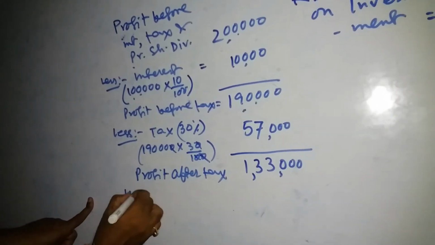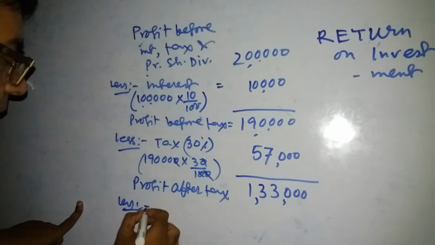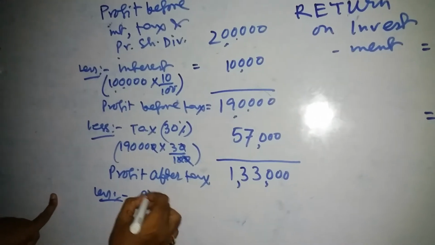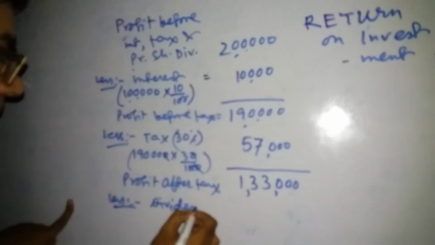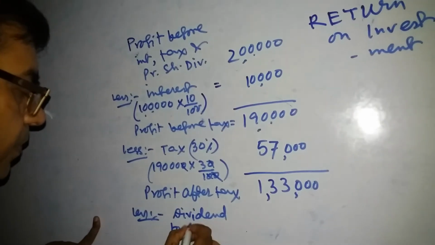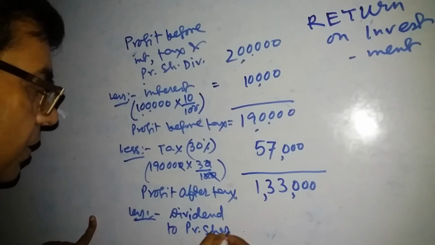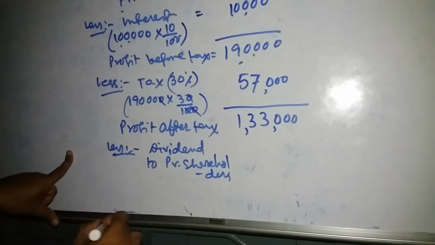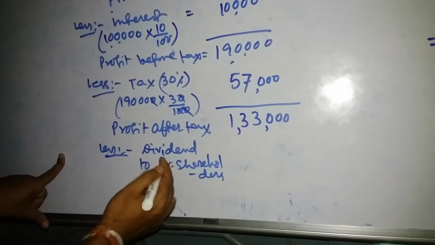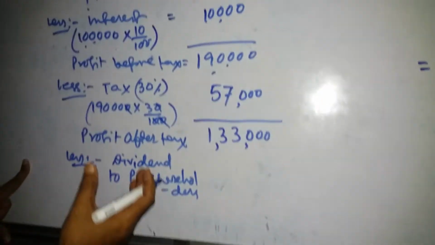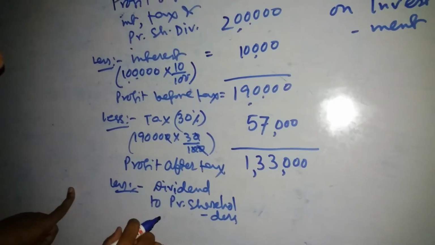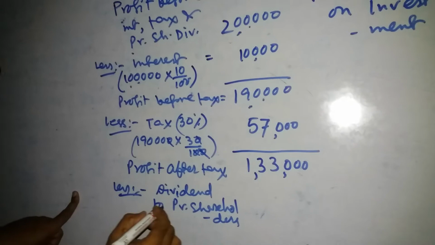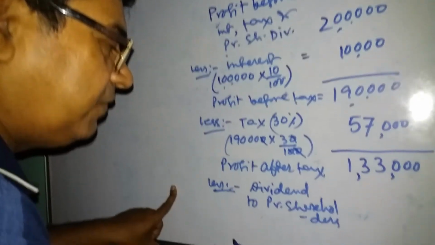After that, the company has to pay the dividend to preference shareholders at a fixed rate. Suppose the preference share capital of the company was 2 lakhs of rupees, and 10% is the dividend rate.